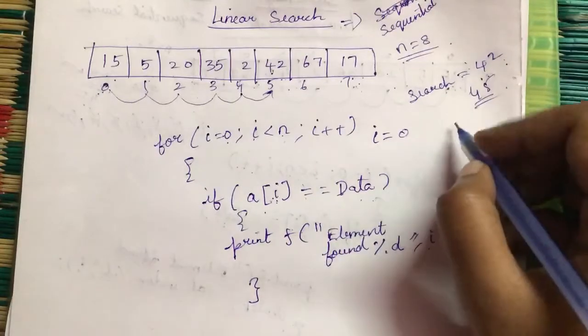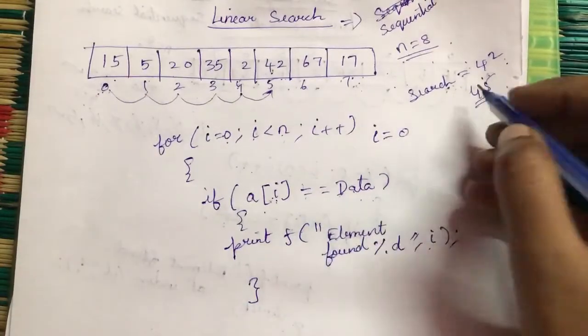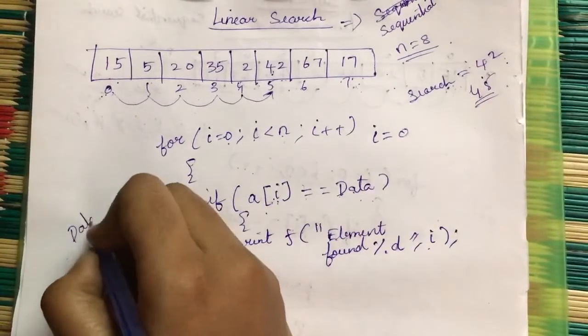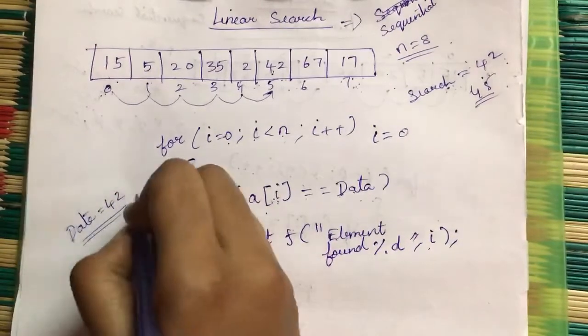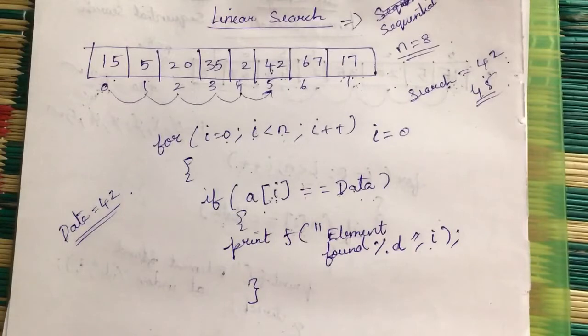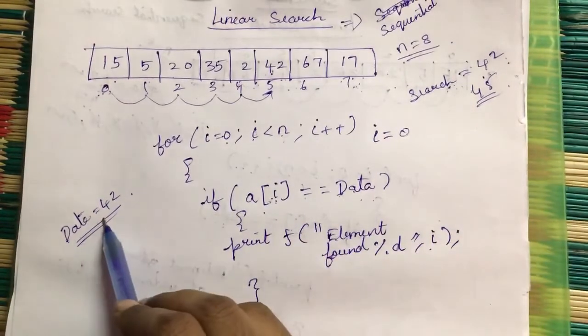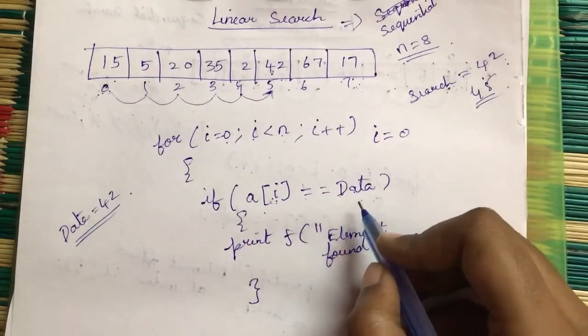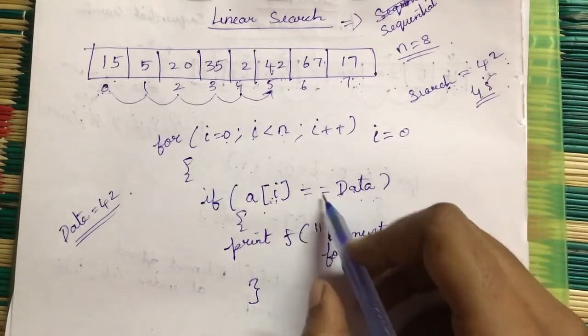I have taken data equal to 42, so I am going to search for this element in the array. Compare data with a of i. 15 and data, is that true? No. So it will increment the loop.